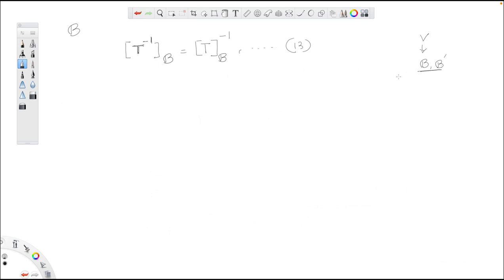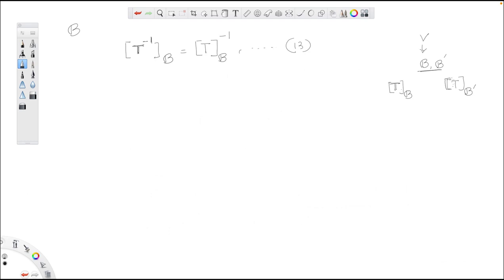This is the matrix representation of the single linear operator T relative to the ordered basis B, and this is the matrix representing the linear operator T relative to the ordered basis B prime. Now the question is how these two matrices are related to each other. That's the question that we asked.